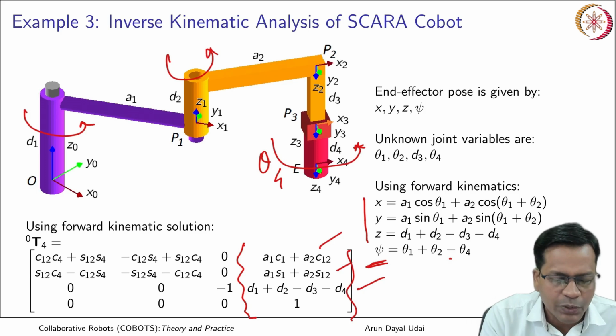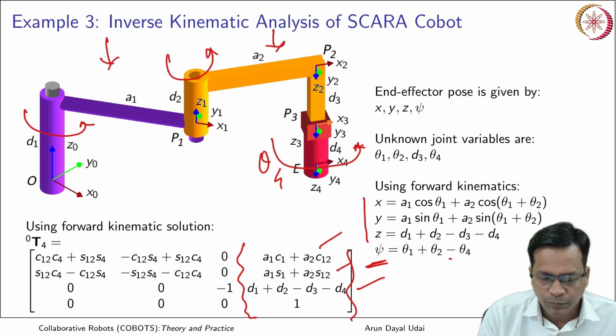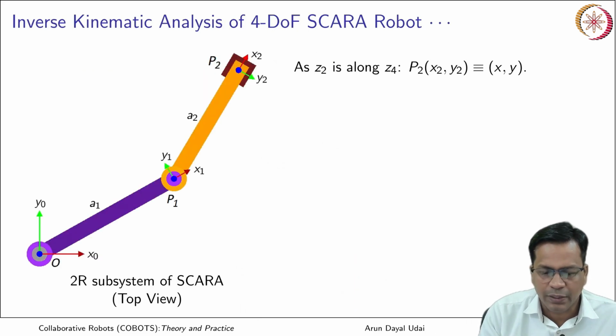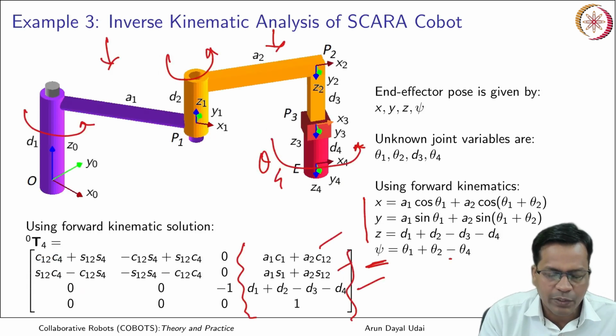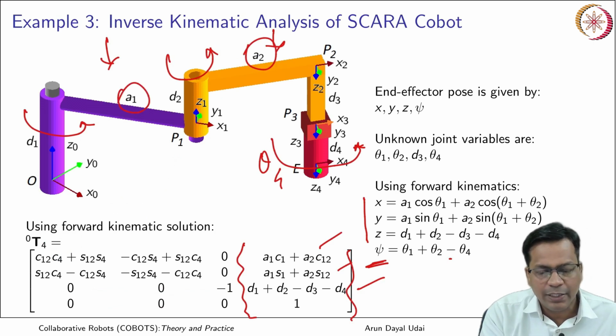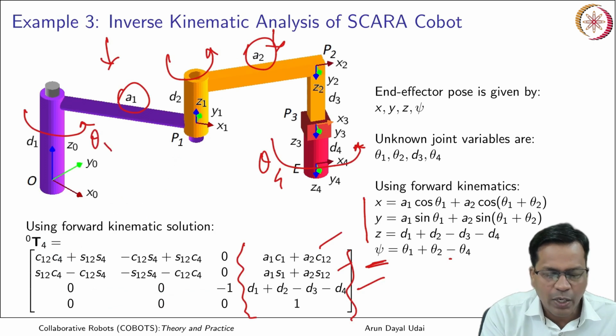So if I look at it from the top, what do you see here? It looks like a 2R subsystem. If I go back, from the top you see A1 and A2 are the link lengths for which theta 1 and theta 2 are the joint angles.